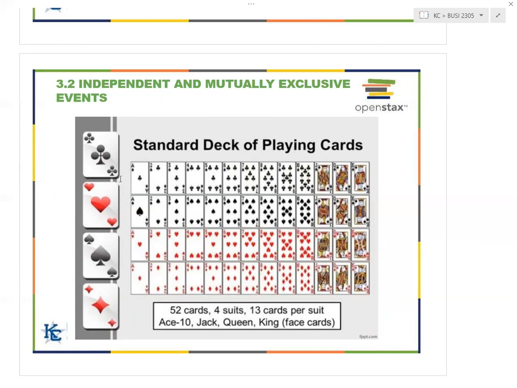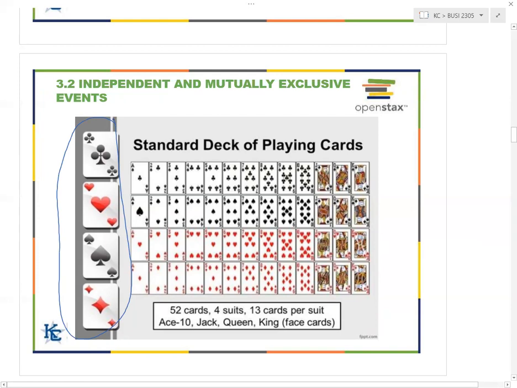So there are 52 cards in a deck. There are 4 suits, and these represent the 4 suits. They are clubs, hearts, spades, and diamonds. And then we have 13 cards per suit. So there are 13 cards in each one of the suits. Those are ace, then 2 through 10, and then jack, queen, and king. And jack, queen, and king are called face cards.